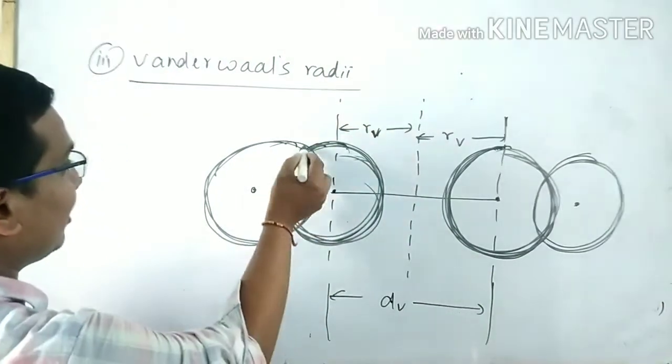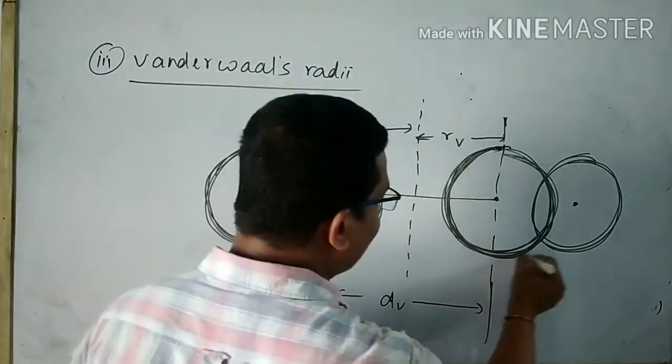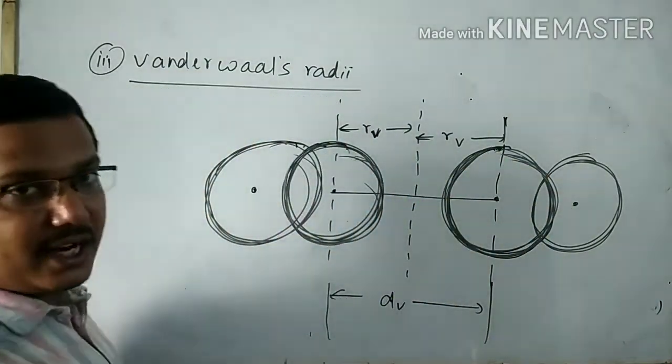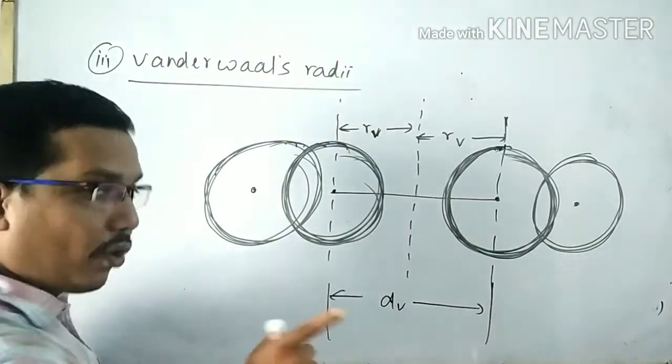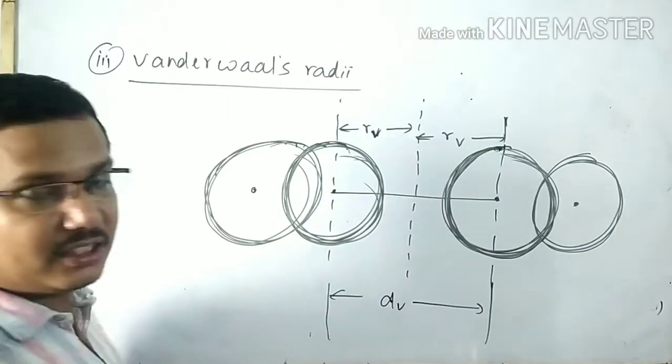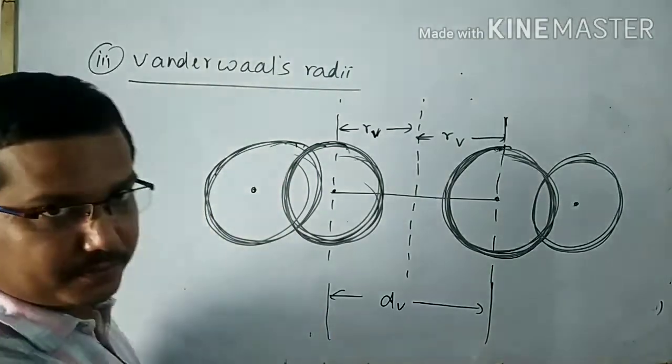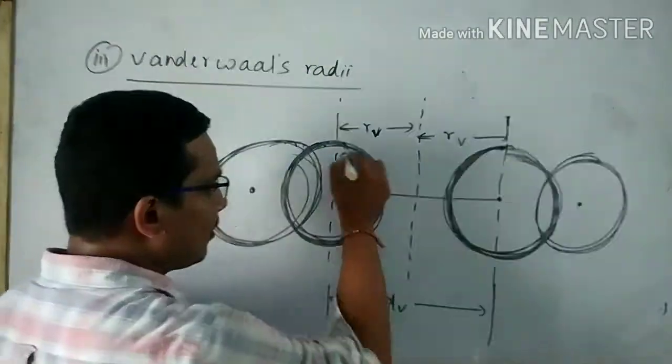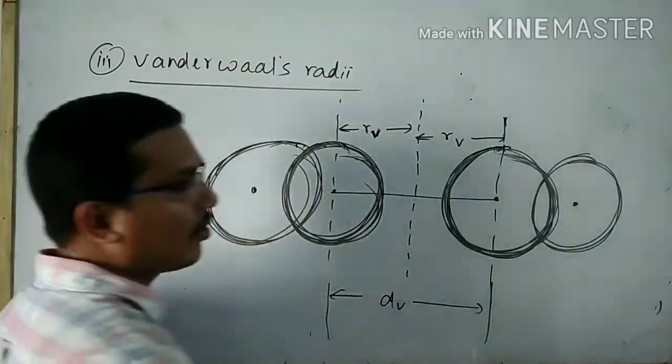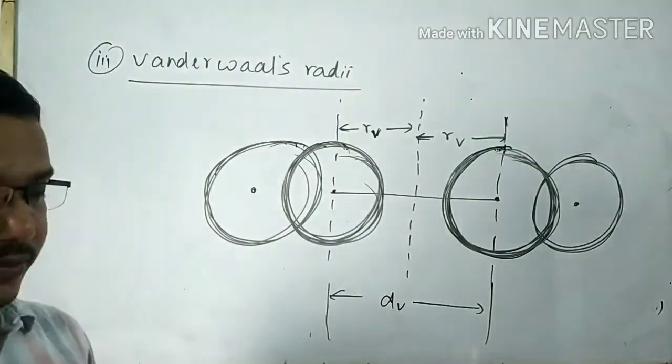We cannot say this atom and this atom are non-bonded neighboring atoms. No doubt it is non-bonded, but this is not a neighboring atom.